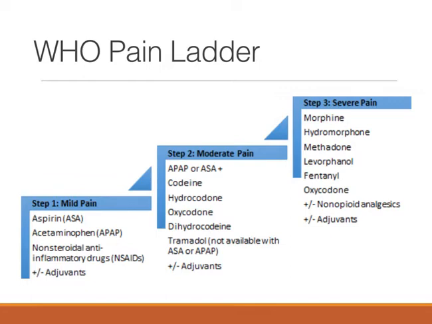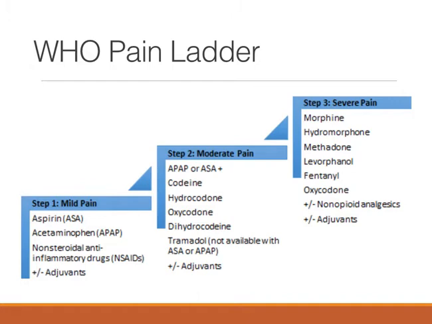We could try codeine, hydrocodone, oxycodone, tramadol, and the aspirin and acetaminophen with the plus behind it, that means paired. So acetaminophen paired with codeine, acetaminophen paired with oxycodone, acetaminophen paired with hydrocodone. So that's a pairing. That's moderate pain.